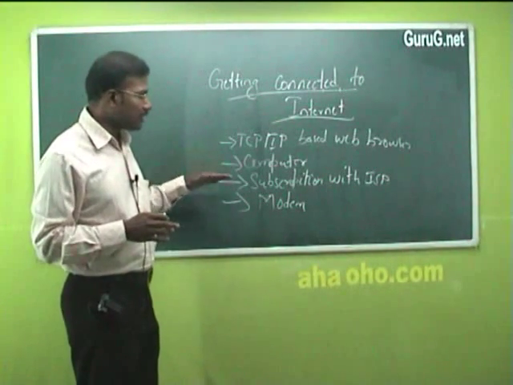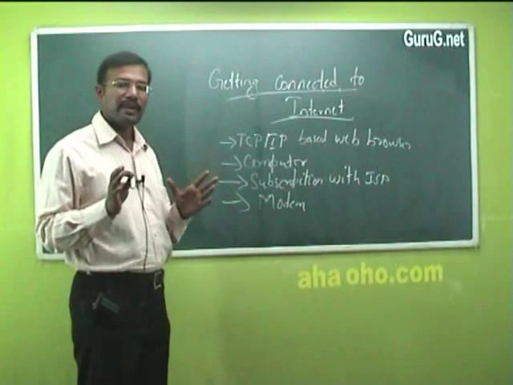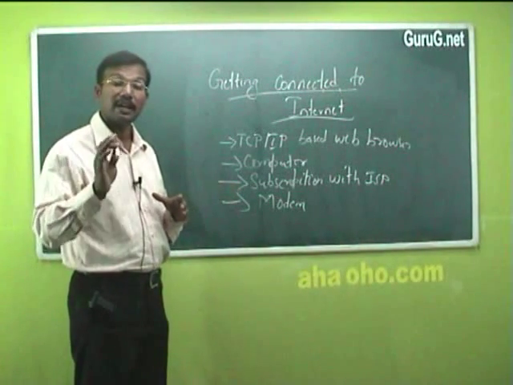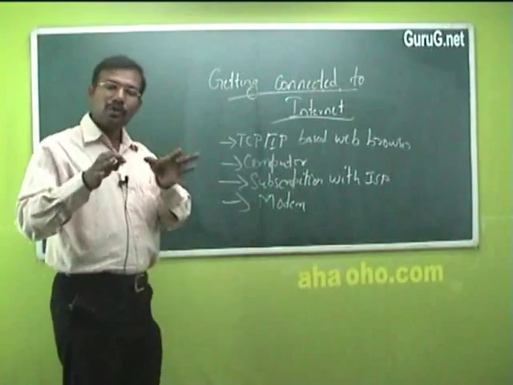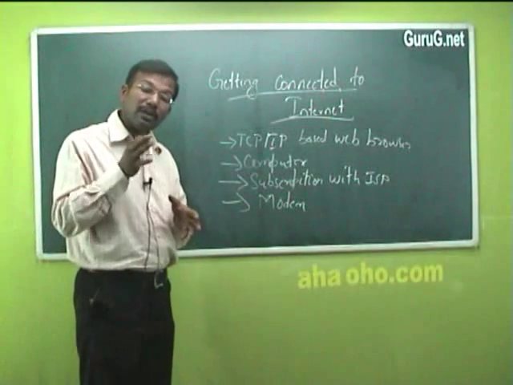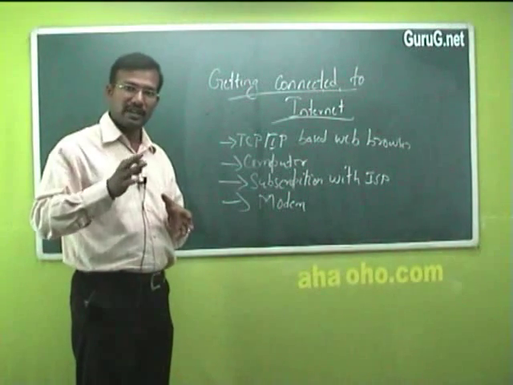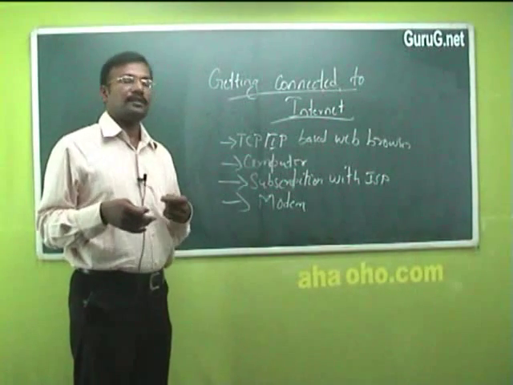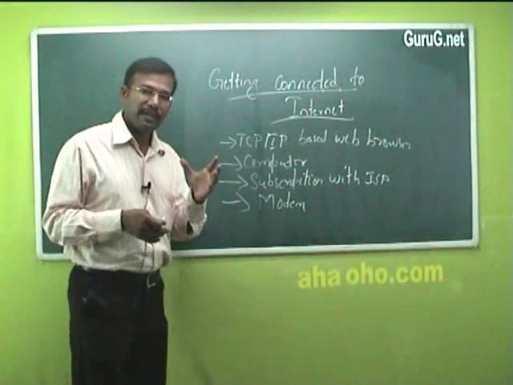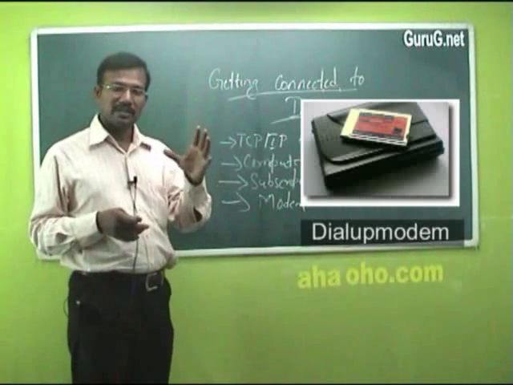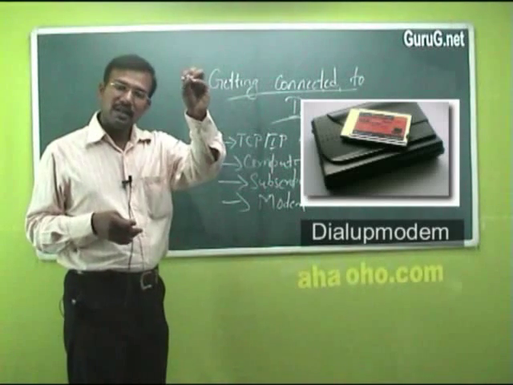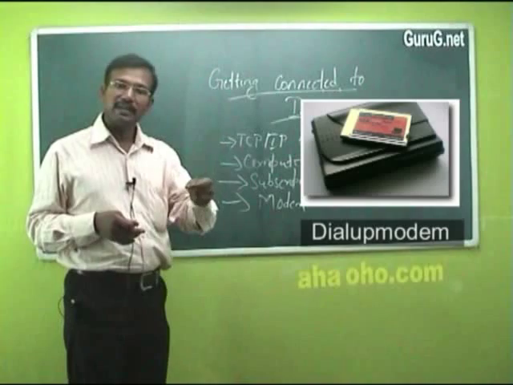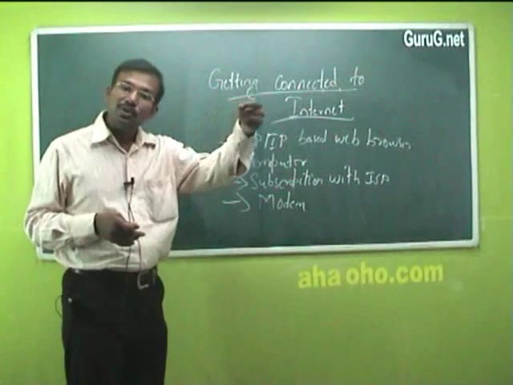Now, coming to your modem. Modem is an electronic device which will convert the analog to digital signal. You can use your telecommunication line, that is a telephone wire, to get your internet connection. Initially, we had a dial-up connection in which you use the same telephone line, and you connect that line or RJ10 cable to your modem.